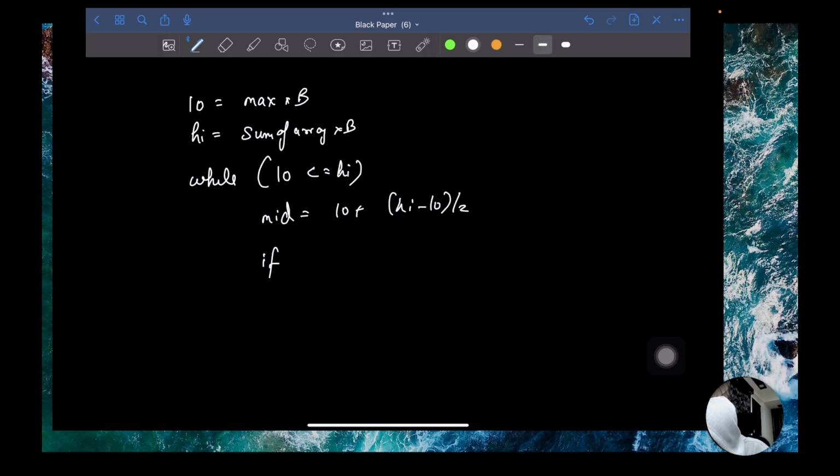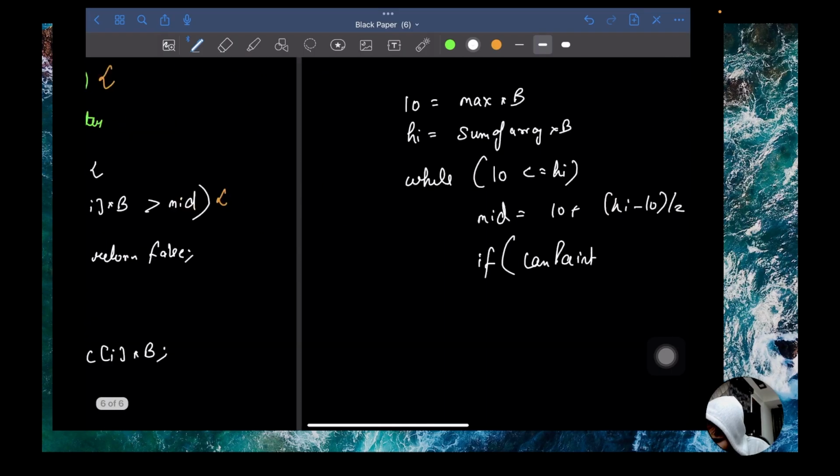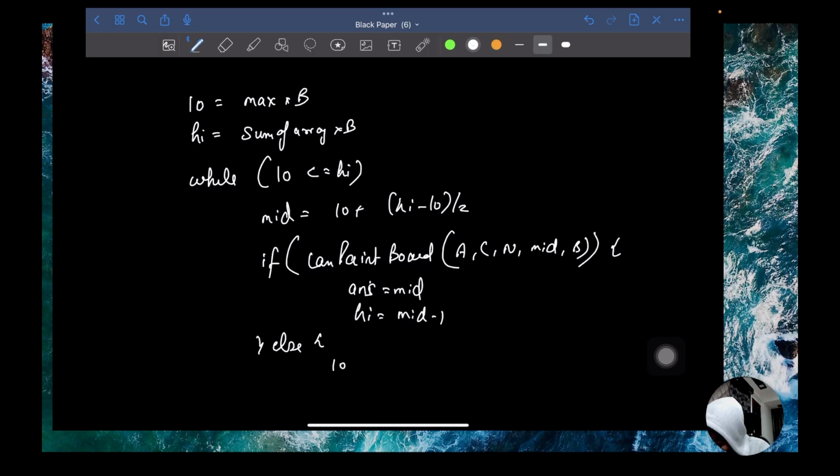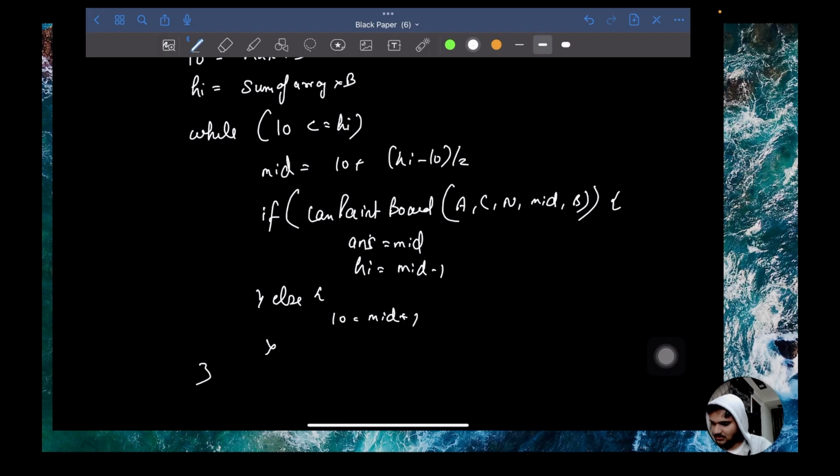You will say that if can paint boards, and you will pass, let's say, A, C, N, mid, B. If they can paint the board, I will say answer is equal to mid, and I will try to find something better. So high is equal to mid minus 1, else low is equal to mid plus 1. That's it.